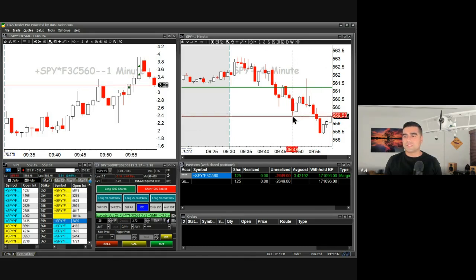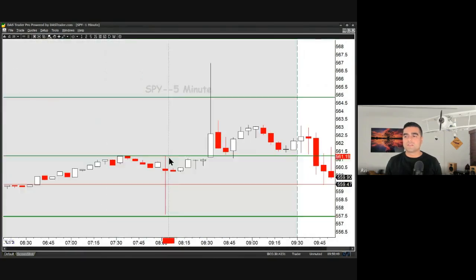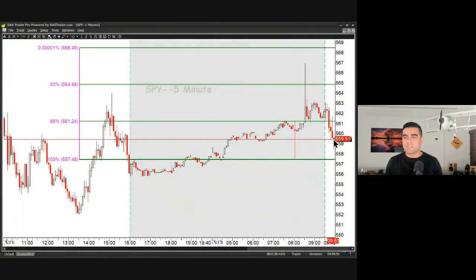Yep, there it goes, testing that low of day, the previous low. This is, for me, a very critical point, 559. Ideally, that's where the buyers were, and then the sellers came. Intraday level stuff. Let's zoom out and see what that may look like. I'm going to 5 minute. It's right there, and you can see that's a pre-market zone.